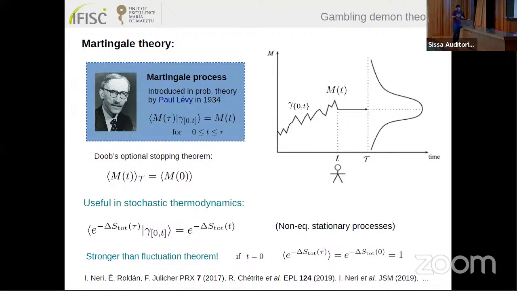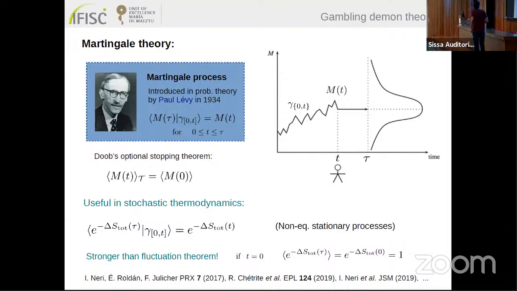What this condition means is essentially that the best guess for the average of the process M at time tau, conditioned on observation of that process until a previous instant of time t, is just the last value of the process at the last time the observation was made.